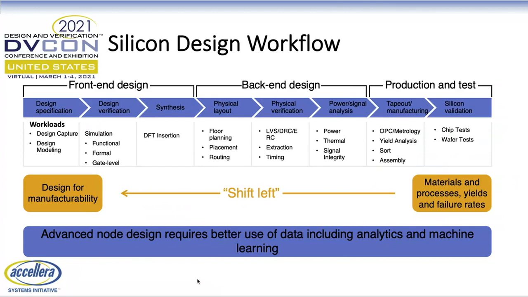And again, that could include methods like analytics or machine learning that you can take advantage of when you are running some of these workflows in a cloud environment on AWS.